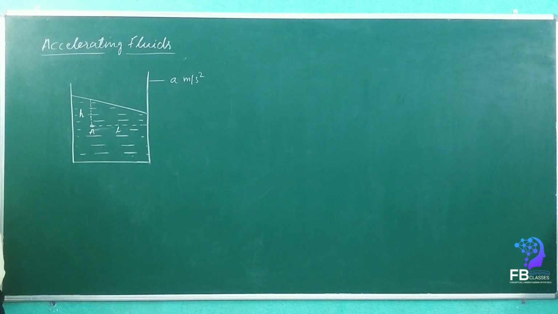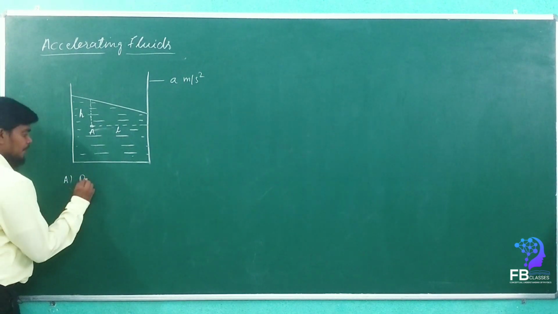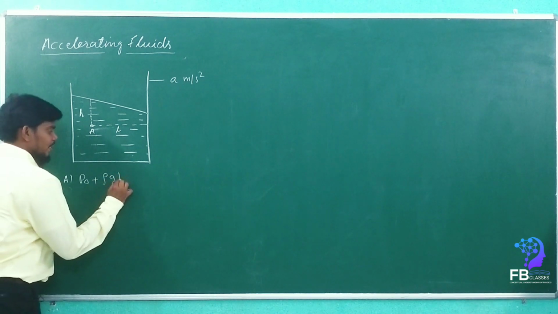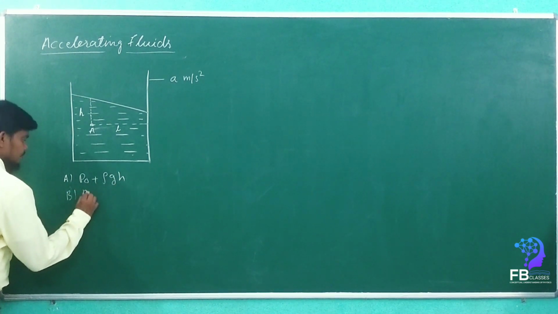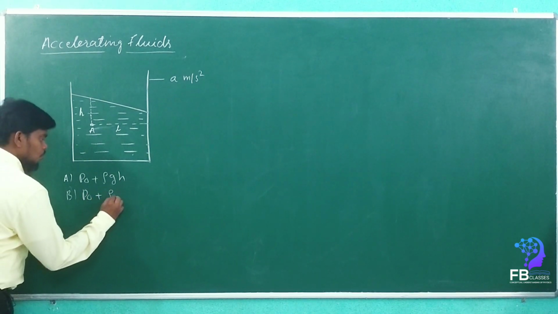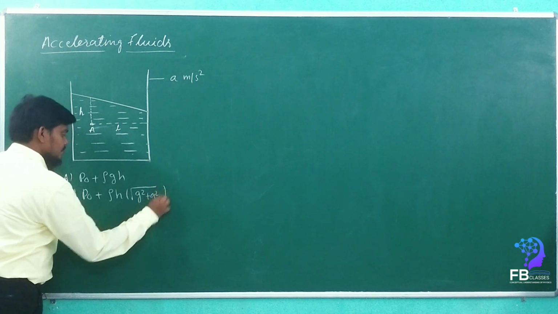So if you want to write the pressure for the point A, the options are: A, P naught plus rho g h. B, P naught plus rho h root of g square plus a square.